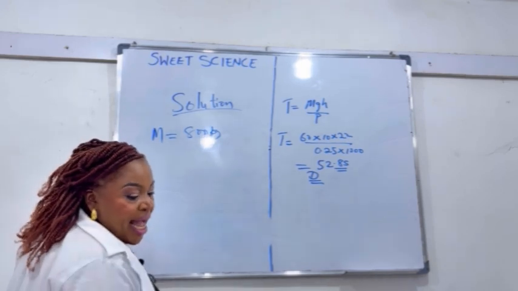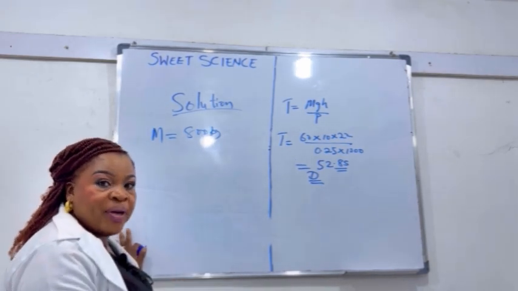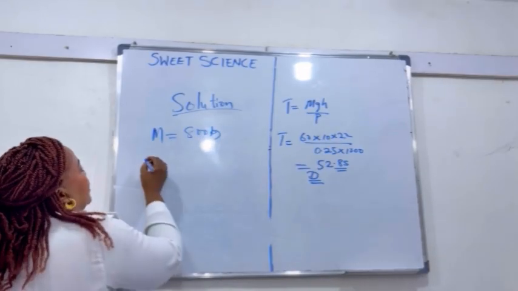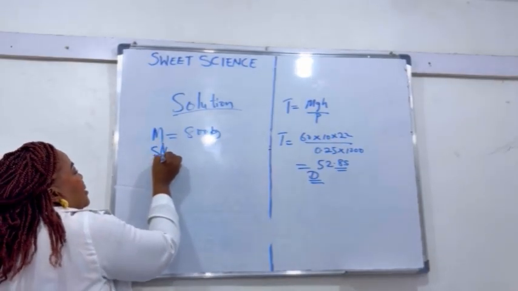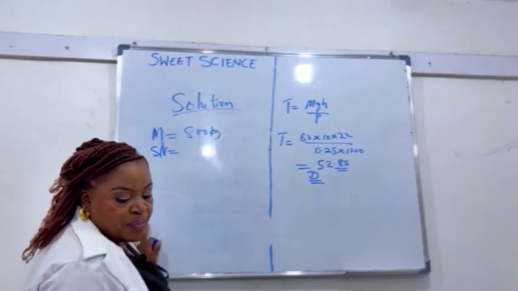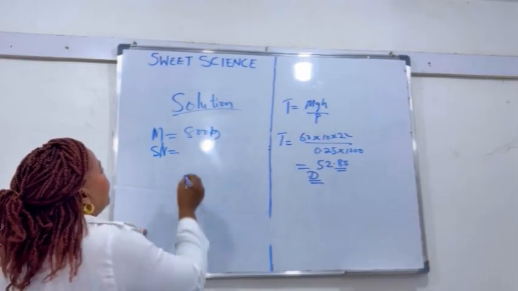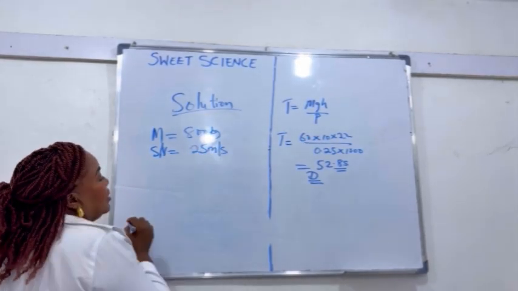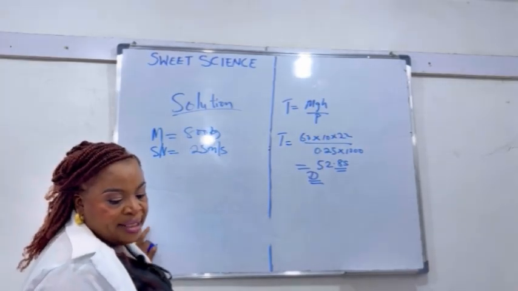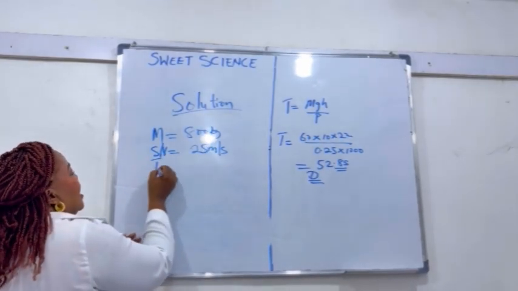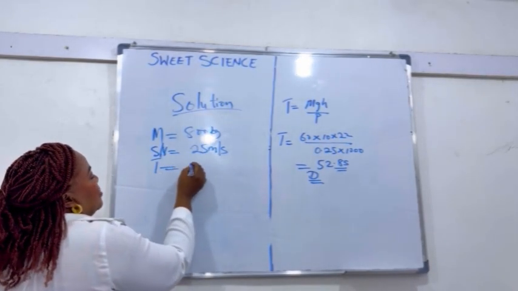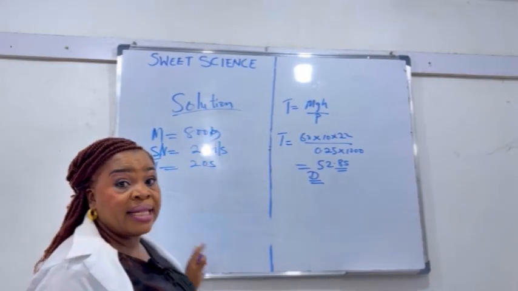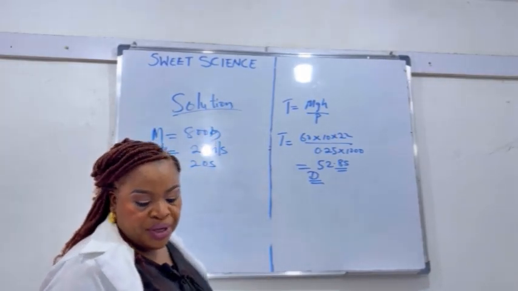Remember, we can substitute speed with velocity, so it's either speed or velocity. The speed is 25 meters per second, and the time is 20 seconds. We are bringing out the parameters. That is what you always do.